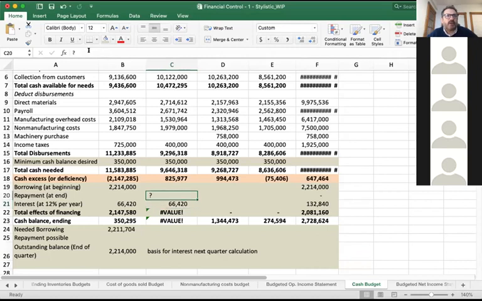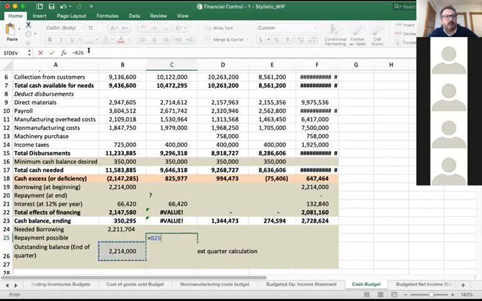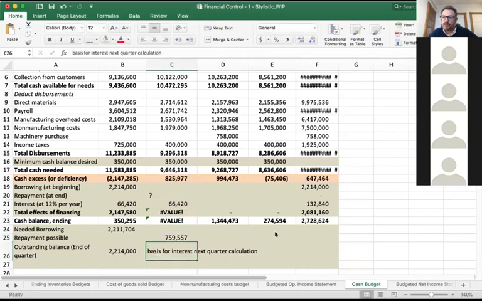Okay, so now the question is, what is the repayment which is possible? So the repayment which is possible will be the cash excess minus the interest. Okay, so that's what you find, right? 759, 557. Okay, and actually it's not exactly so maybe I was wrong when I said to you this is the amount you can repay, because the repayment must be also in thousands of dollars rounded.